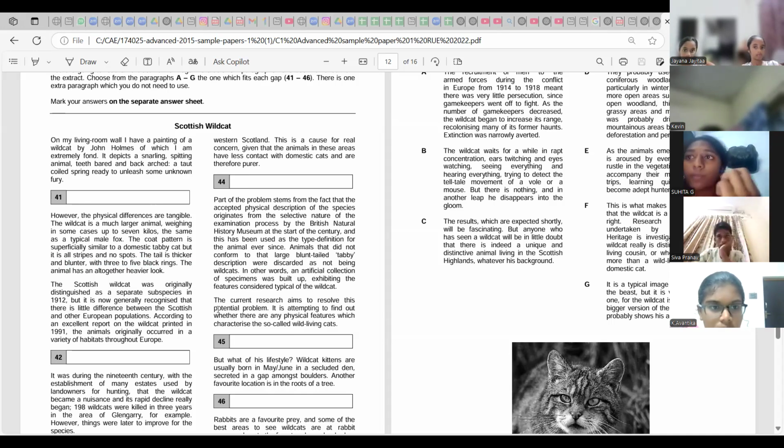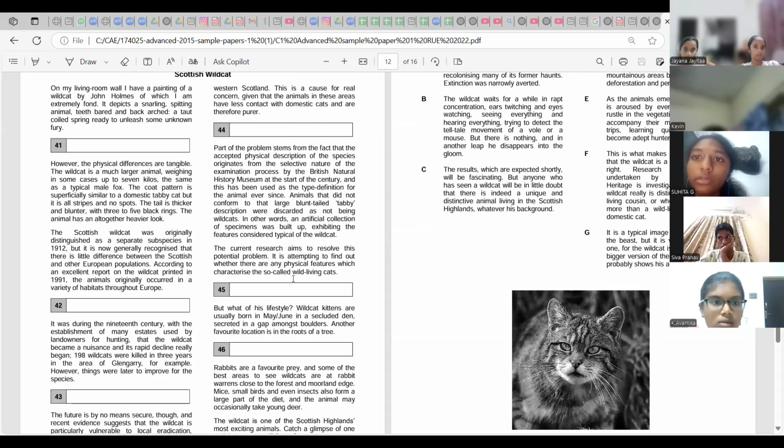Now the thing is, Sugita, read the last paragraph again, the current research. The current research aims to resolve this potential problem. It is attempting to find out whether there are any physical features which characterize the so-called wild living cat. Superb. Current research is going on, and they want to resolve this problem.